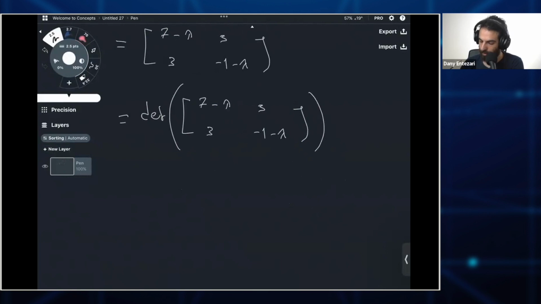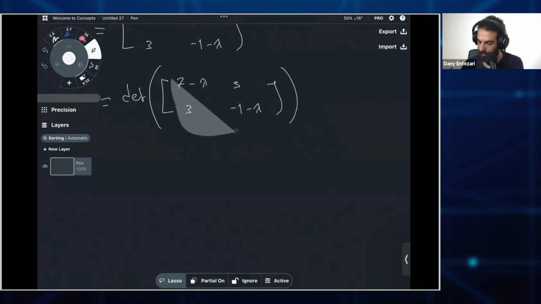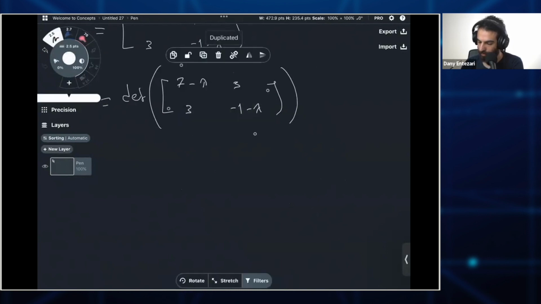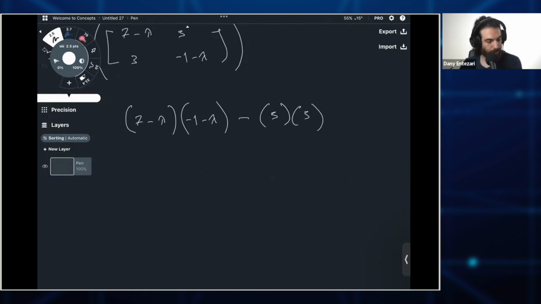It will be the product of these two numbers minus the product of these two numbers. And then we will get, let me just copy these. Now, if we multiply these numbers together, we will get the following expression.